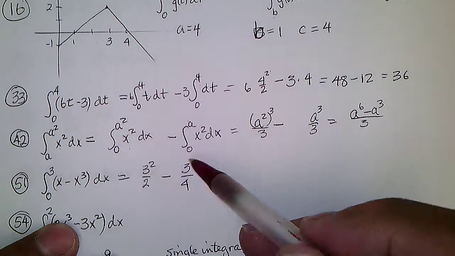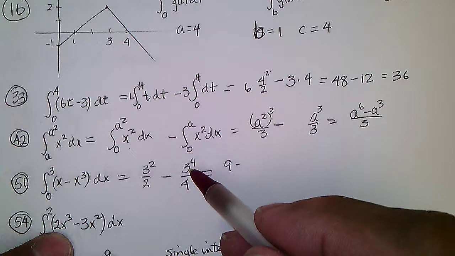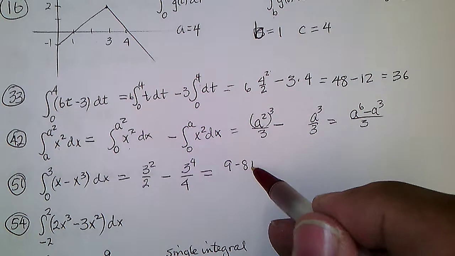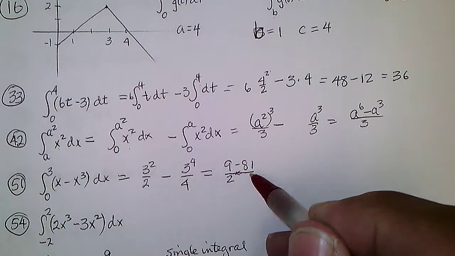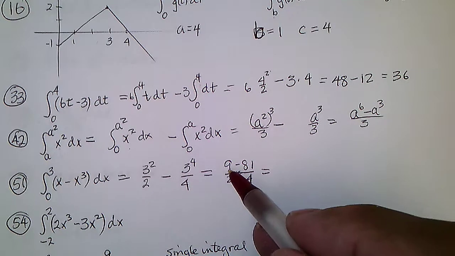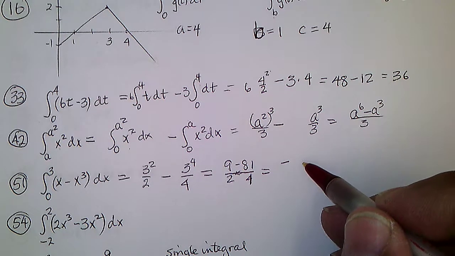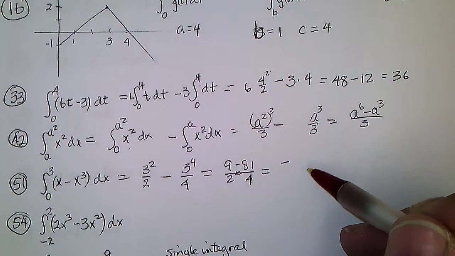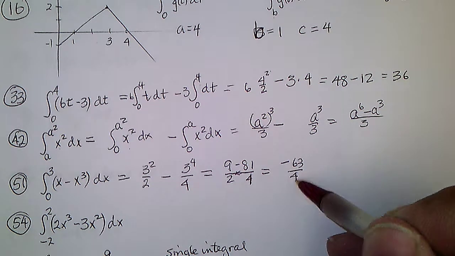So we get 9 over 2 minus 81 over 4. If we make common denominator 4, this would be 18 minus 81, negative 63 over 4.